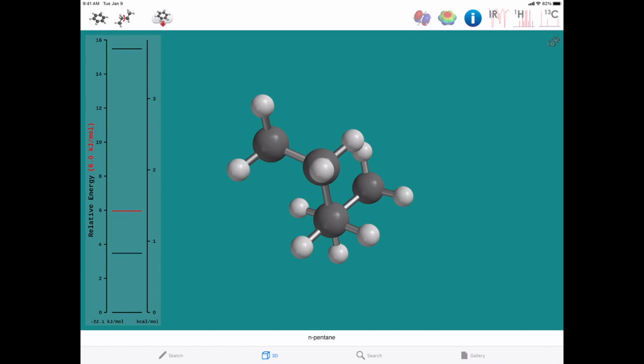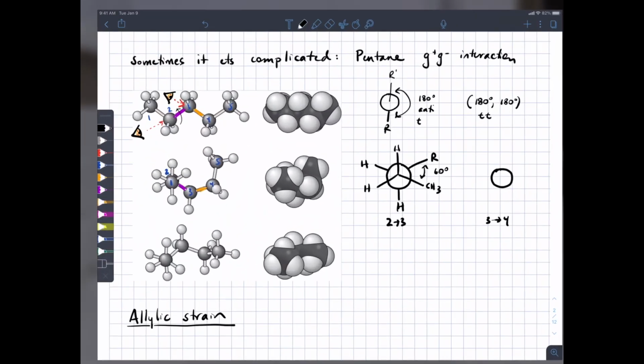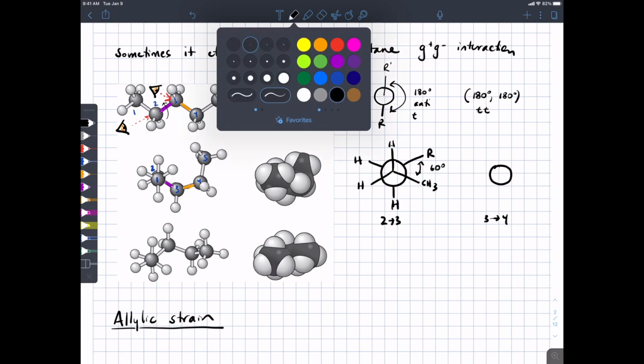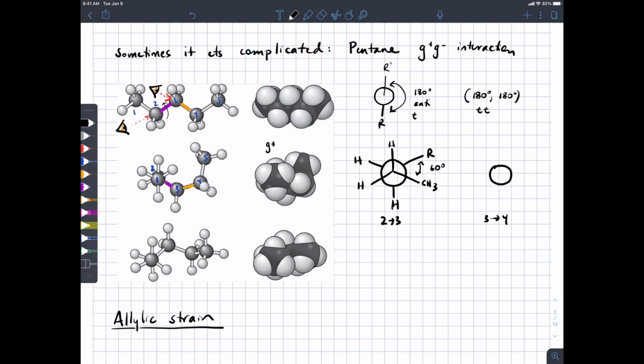That's also counterclockwise. So that's also gauche positive. Now, we would call this conformation gauche plus, gauche plus.